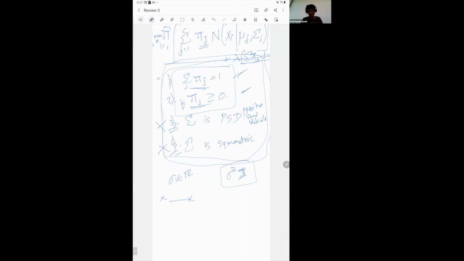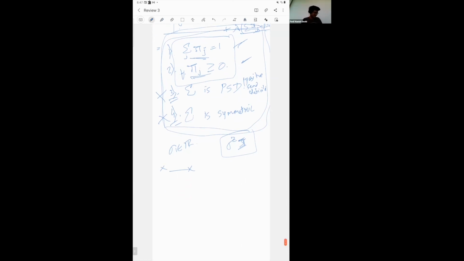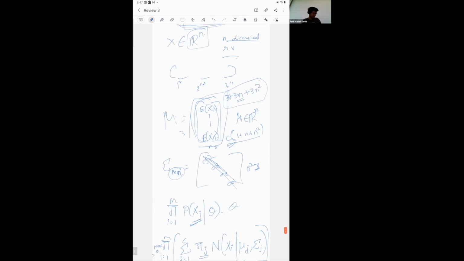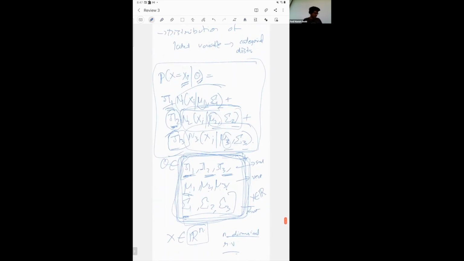Here, when I say pi, it is a variable, not the symbol pi. And then sigma, since it's a covariance matrix, is positive semi-definite, and it also should be symmetric. These are some of the constraints that we need to take care of.